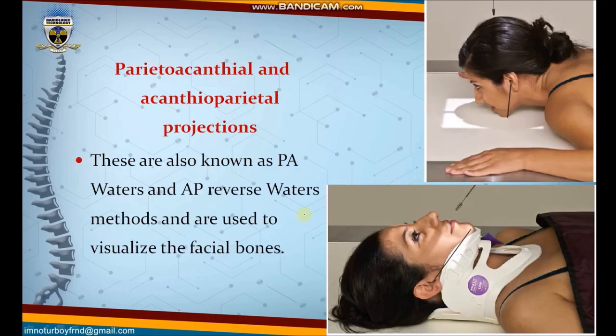Next, we have the parieto-acanthial and acanthio-parietal projections. These are also known as the Waters and the reverse Waters method. Okay? So for the central ray, for example in the parieto-acanthial, parieto refers to the parietal bones. Acanthial refers to one of the skull positioning landmarks.